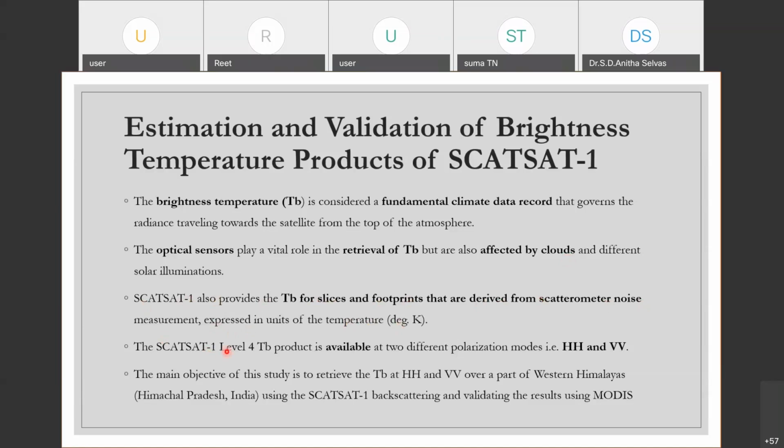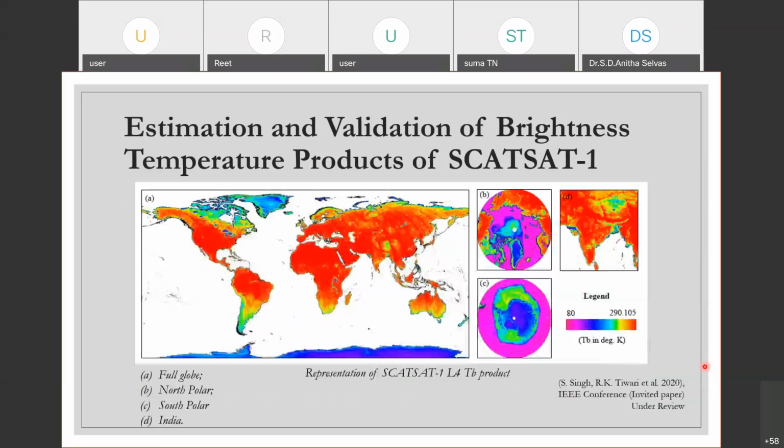The SCATSAT-1 level 4 brightness temperature is available in two different polarization modes, that is horizontal and vertical. The main objective of this study is to retrieve the brightness temperature at both polarizations over part of the Western Himalaya, Himachal Pradesh, using the SCATSAT-1 backscatter, and validating the result using the MODIS data and different field data.